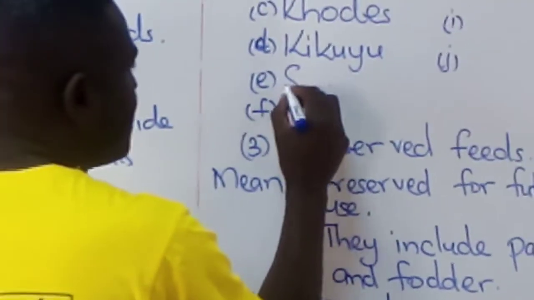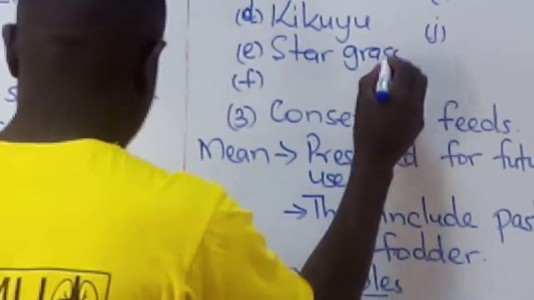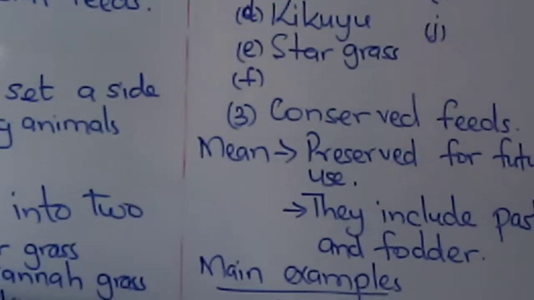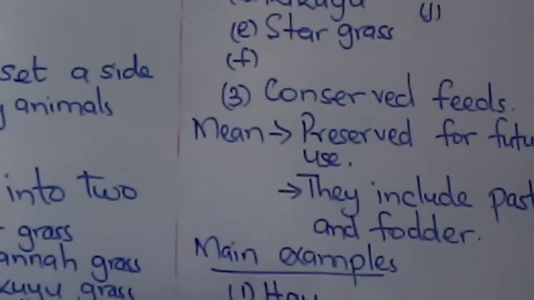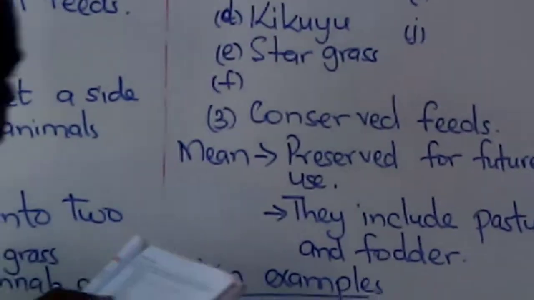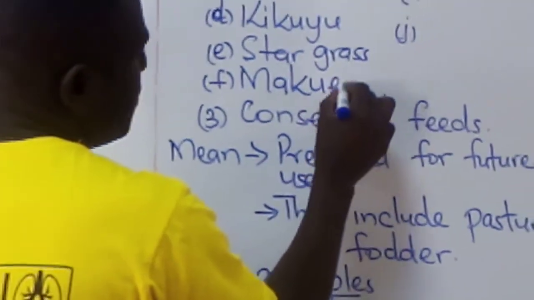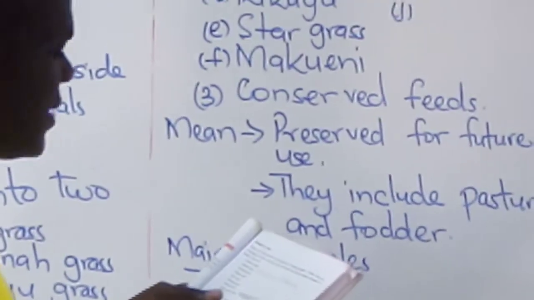Star grass is also a pasture, but it can also be harvested as a fodder. And then we have Makueni grass. Then we have Nandi setaria.